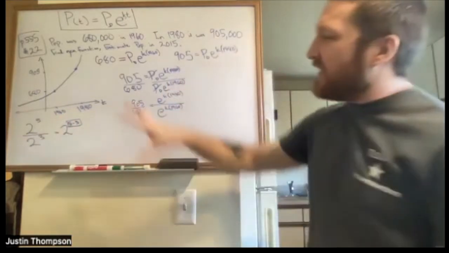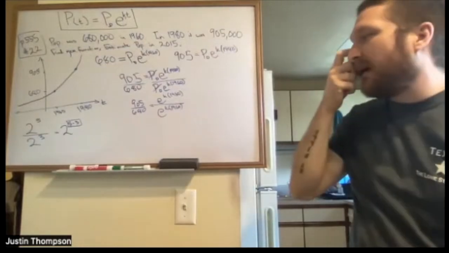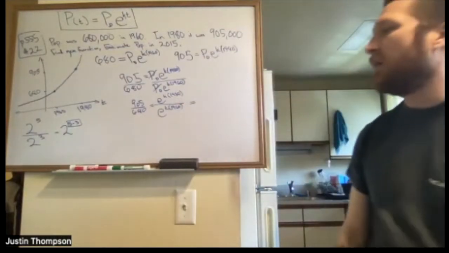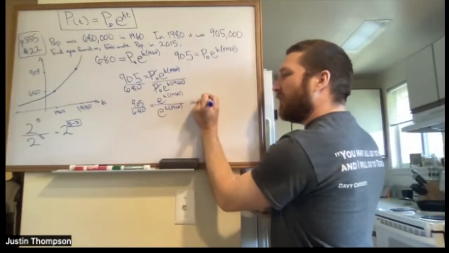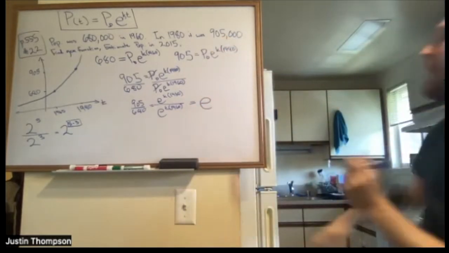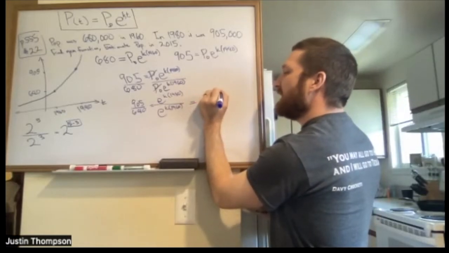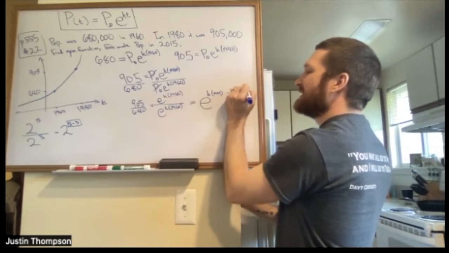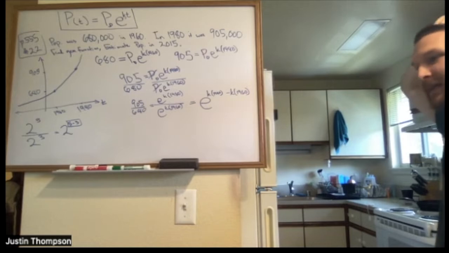You take whatever's in the exponent of the top thing, minus whatever's in the exponent of the bottom thing. And so I'm just going to do that right here. I'm going to say, wait a minute, you have e raised to some power divided by e raised to some power. I could simplify that by getting it all together and saying, okay, e to the top stuff minus the bottom stuff. So we have e to the k times 1980 minus k times 1960, right there.